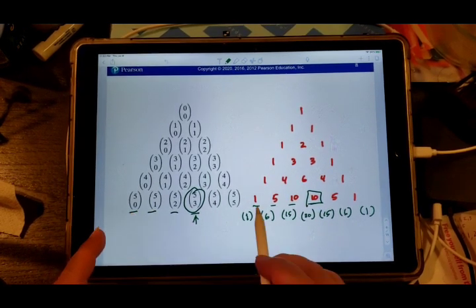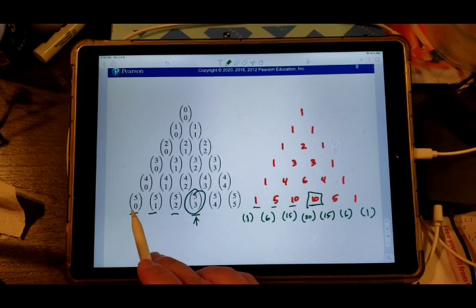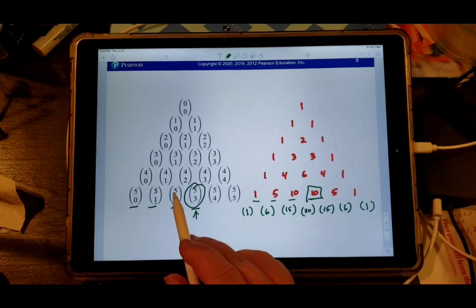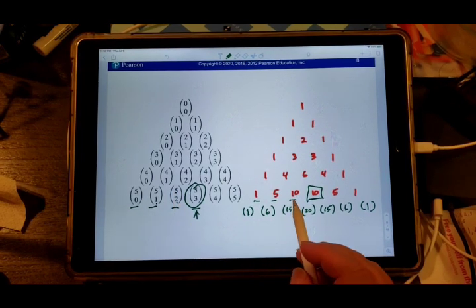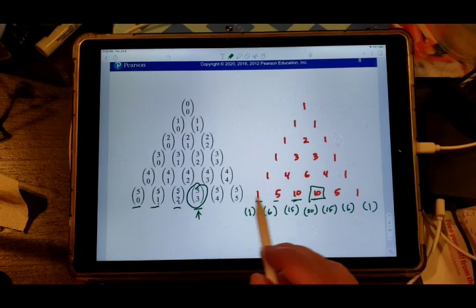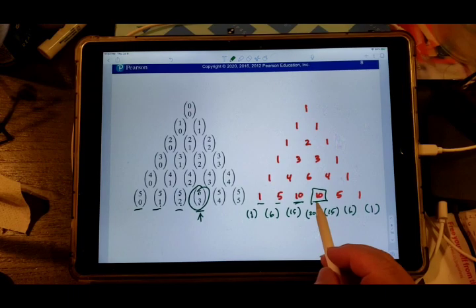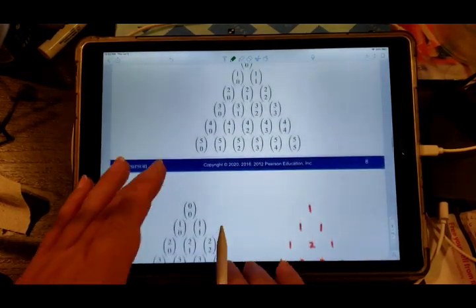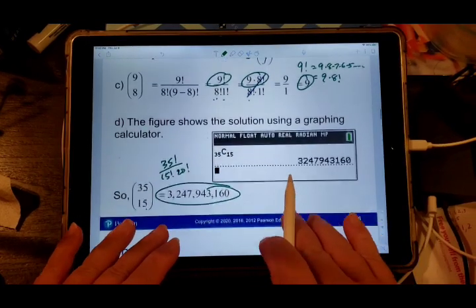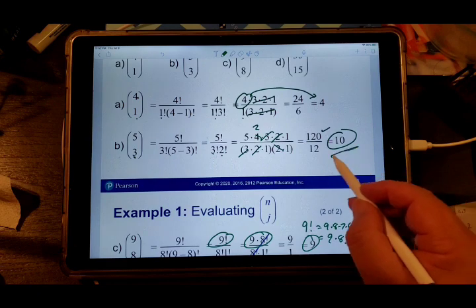Well, the first one is 1, 5C0, but we kind of knew that from a rule we had earlier. 5C1 is 5, 5C2 must be 10. We haven't calculated that tonight, but it must be because it matches up. And 5C3 is also 10. So what I'm saying is we calculated 5C3 not that long ago to be 10.